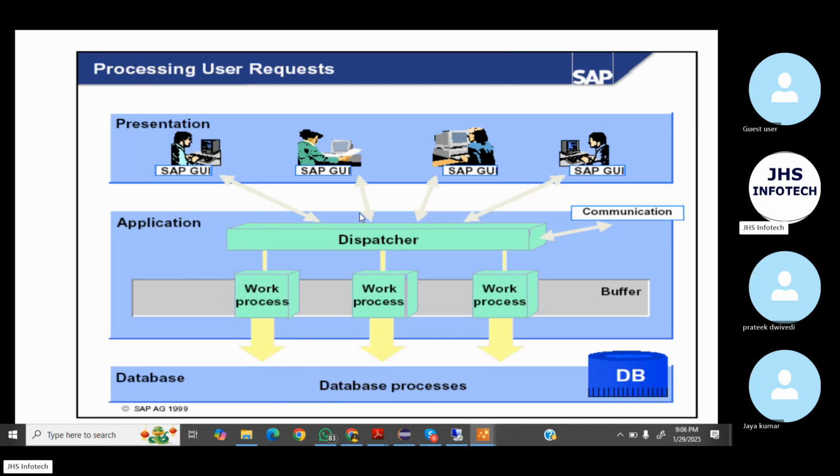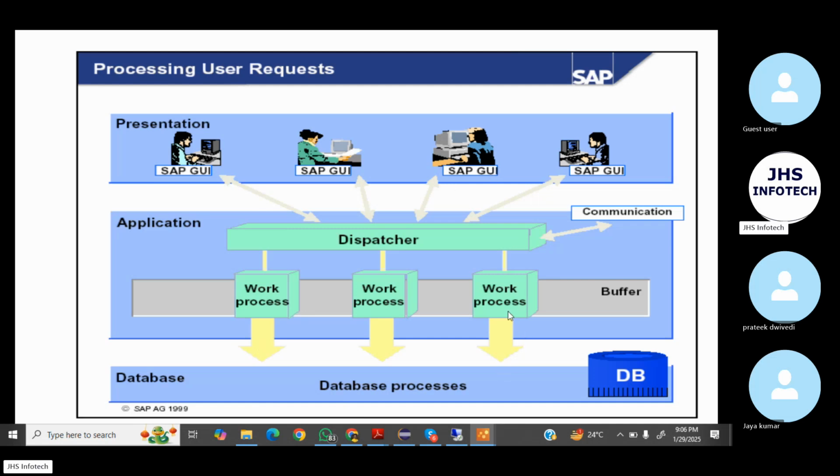Now to control that, we have an application tier where everything is taken care of by the dispatcher, and the dispatcher in turn gives the work to the work processes, and each work process does one work. For example, the first user gives the delete command to the database, and it is processed through one work process. Another person does the edit, and it is done through another, and create is done through another one.